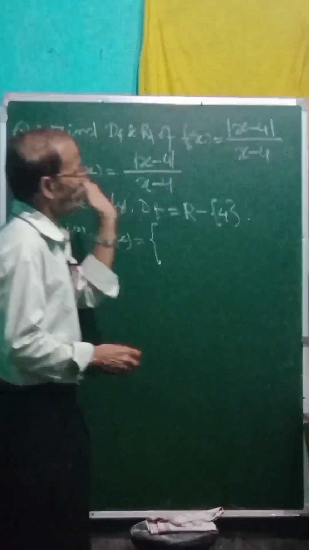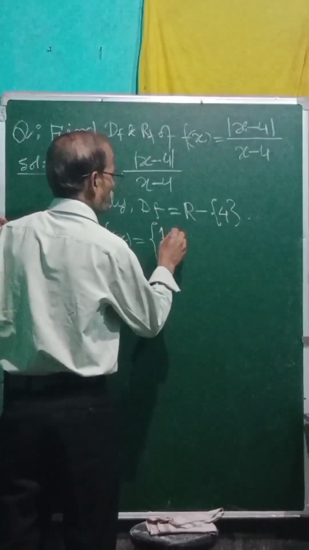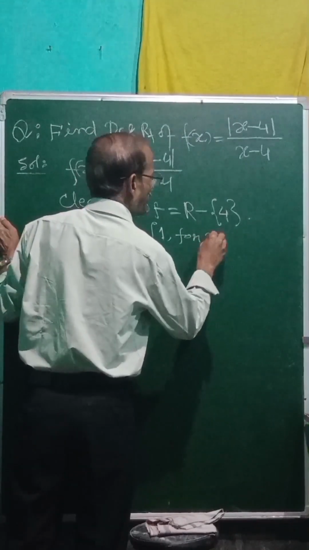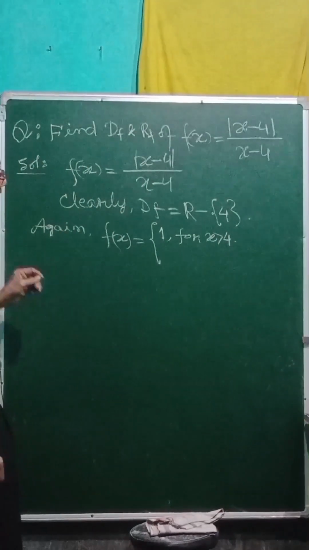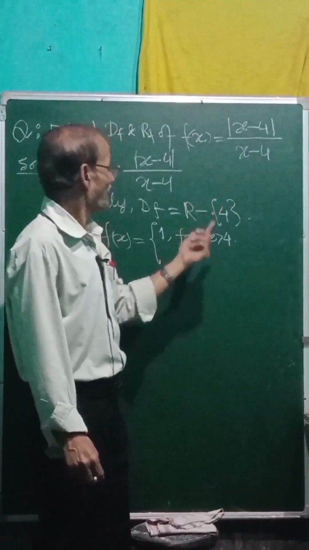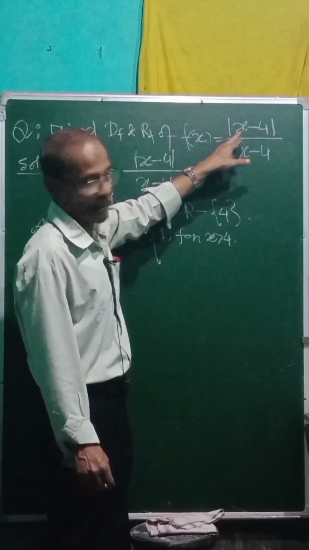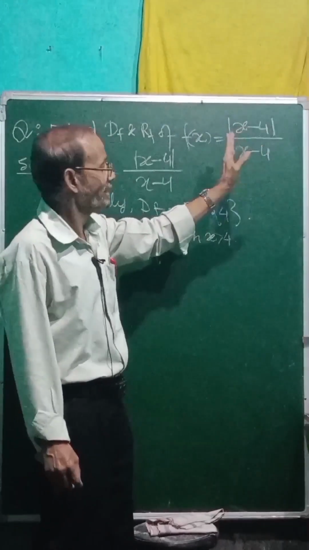For all x greater than 4, we see that the value will be 1. And again you see that if x values are less than 4, suppose x is equal to 1, then 1 minus 4 equals minus 3, and the mod makes it plus 3.